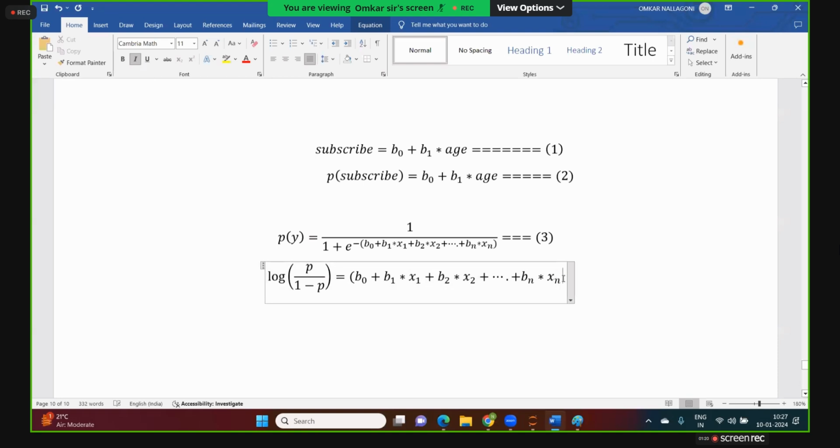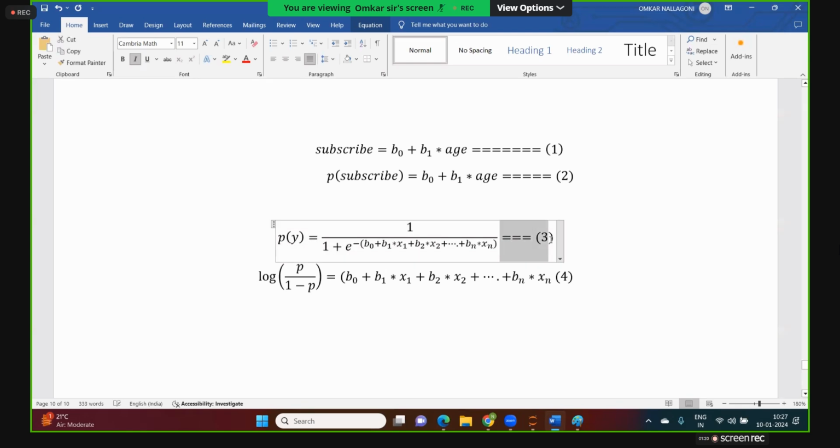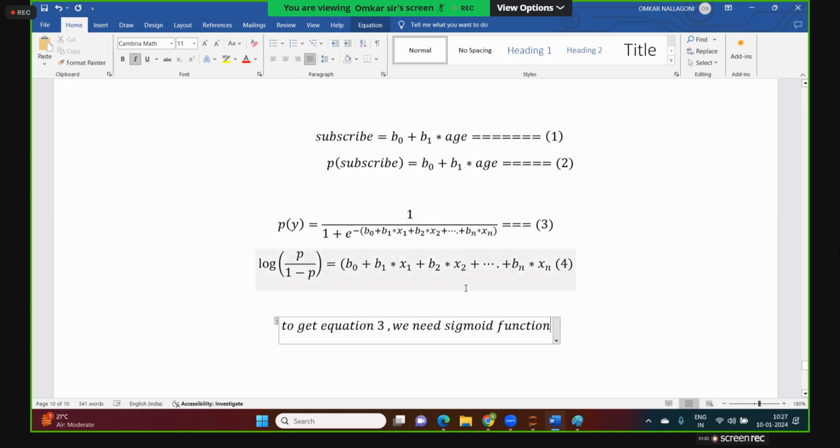To get equation 3, what do we require? The sigmoid function. To get equation 3, we need the sigmoid function, so you need to explain the sigmoid function in an interview. Why are we going for equation 4? We are not able to interpret equation 3.